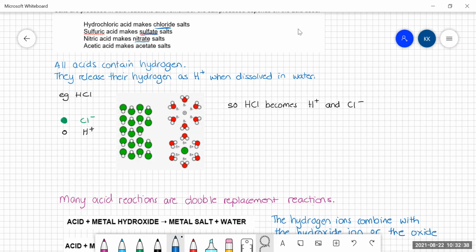In the diagram here, we've got the green ones representing the chloride ion and the white ones representing the hydrogen ions. When you dissolve it in water, you end up with these hydrogen ions being surrounded by water molecules. Notice that because the hydrogen ion is positive, the negative ends of the water molecules are pointing in toward that positive.